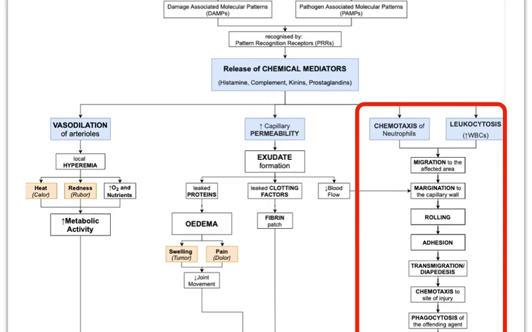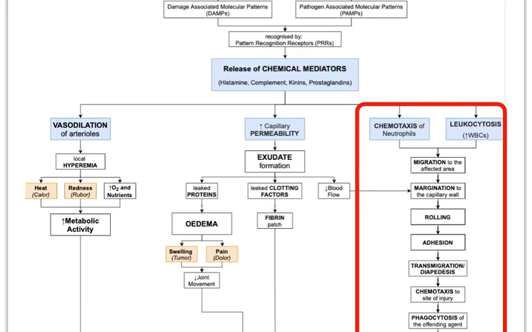And so look at that. We have pretty much finished this pretty long flow chart. So now we're focusing on this end of the flow chart, where the damage to the tissue or the infection by the pathogen triggered the release of all kinds of chemical mediators.